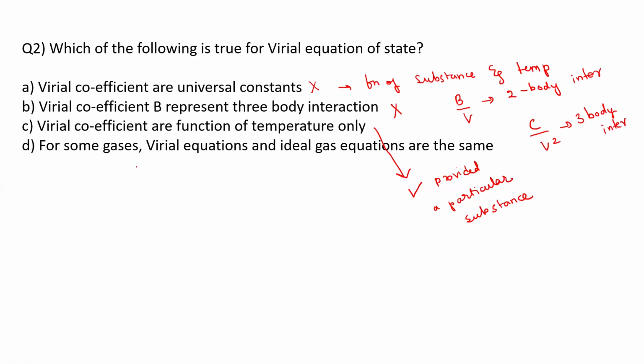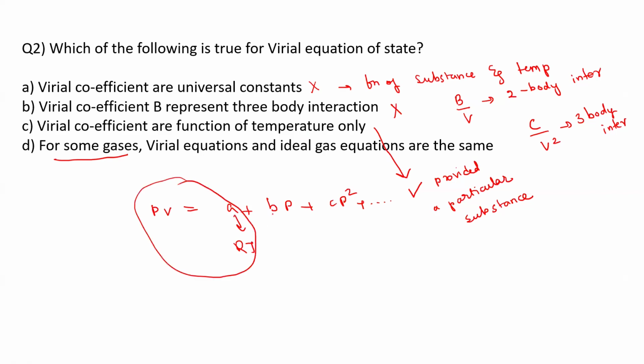See, this is for some gases. No, because we have PV = A + BP + CP² and so on. PV = RT, the ideal gas equation, is obtained when all these terms tend to 0, that is, P tends to 0.